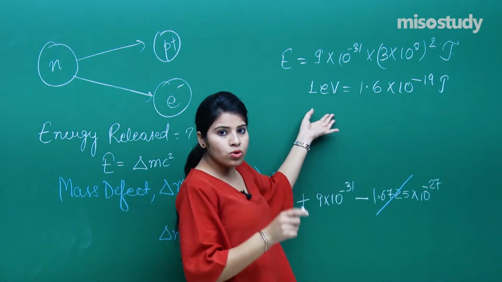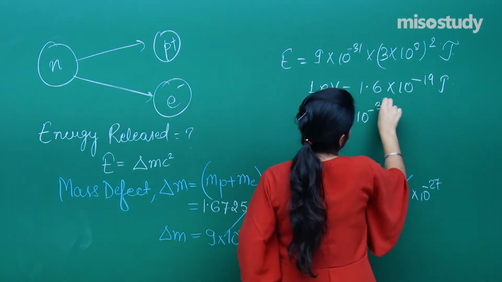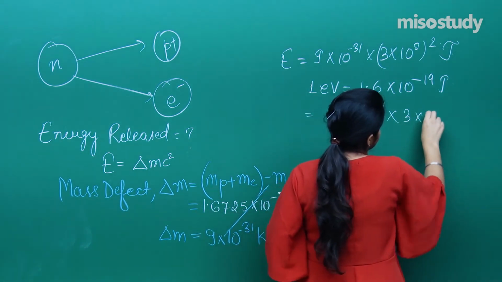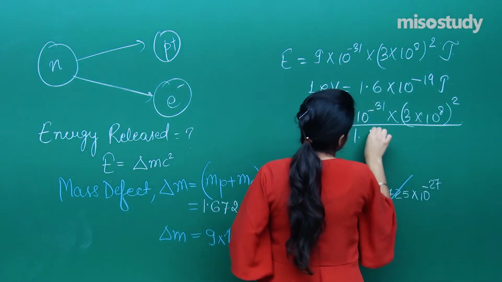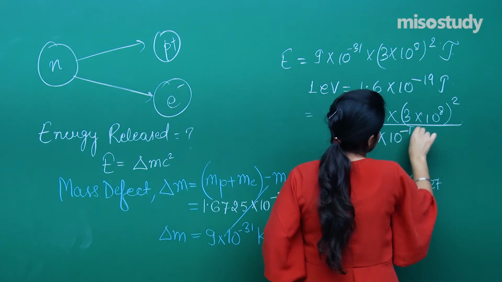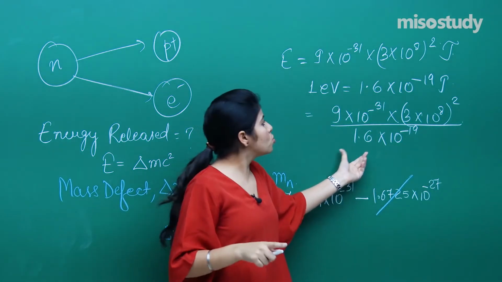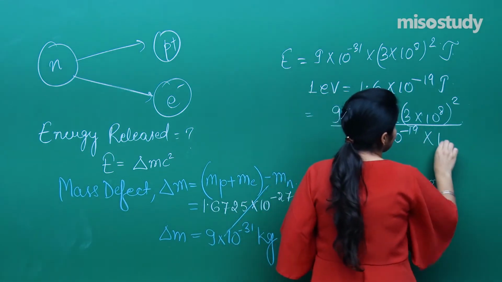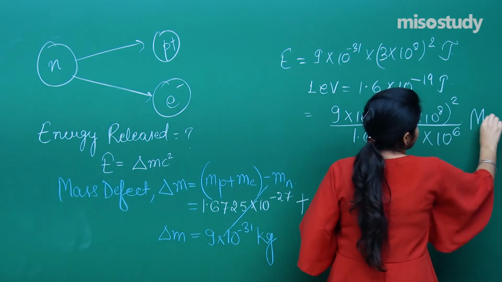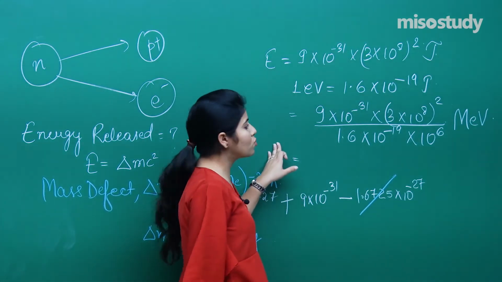So to convert it into electron volt, you have to divide it by 1.6 into 10 raised to the power minus 19. Now if you want the answer in mega electron volt, again you have to multiply by 10 raised to the power 6. Now the energy comes out in mega electron volt.